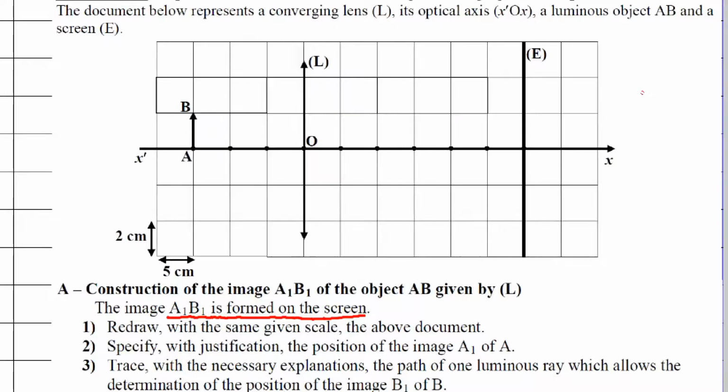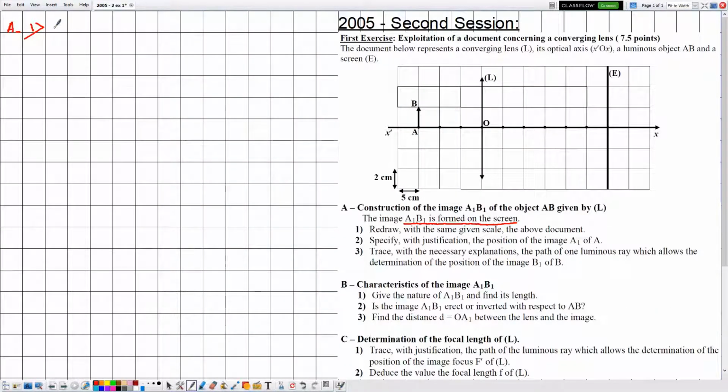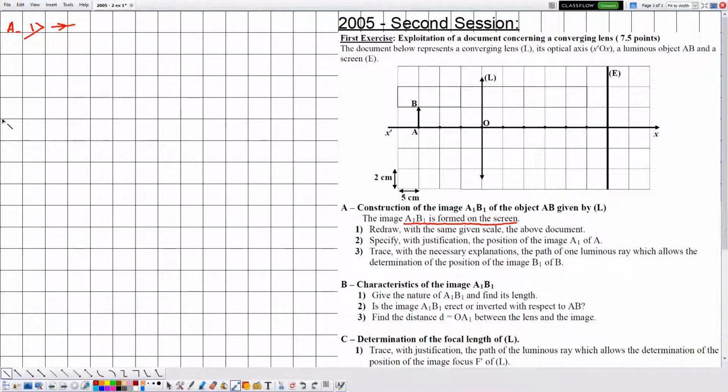So notice that here the direction of propagation of light is not indicated, but we take it as in the same direction of the positive x-axis, which is from left to right. So this is the direction of propagation of light. And whenever we need to redraw, we always start by drawing the optical axis at the center, having the same direction of propagation of light, from left to right.